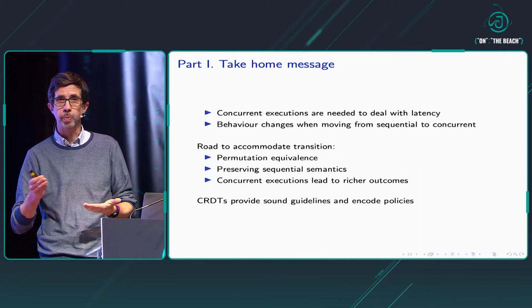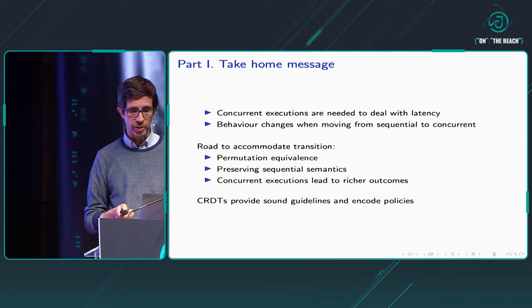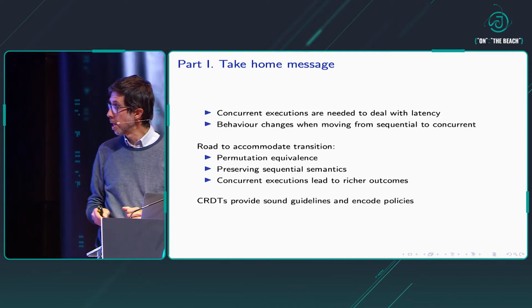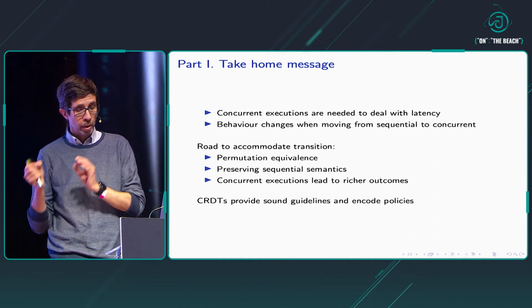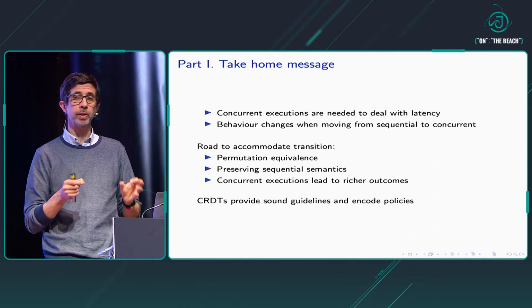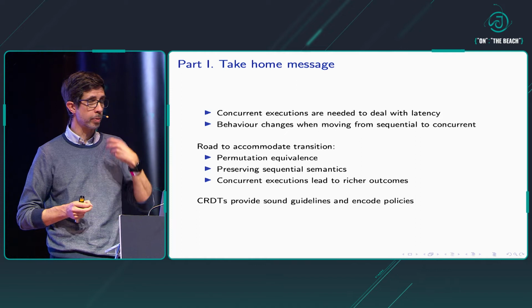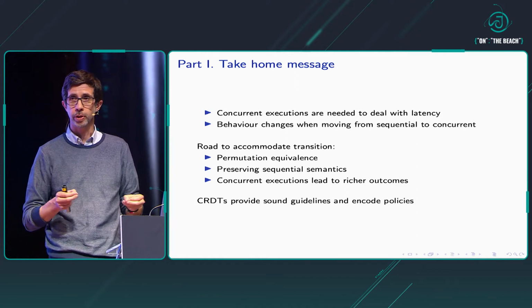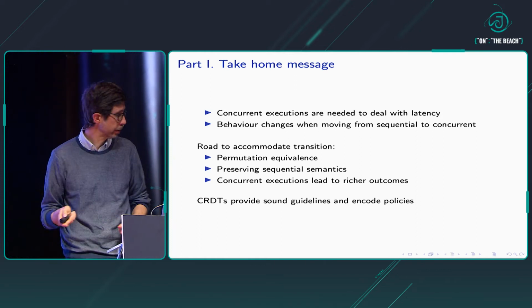So it's quite important to preserve the sequential semantics. And the CRDTs have sound guidelines to provide this, and each CRDT that is done and is correct will already provide you with the correct merge procedure that you can use. So thank you. I'll switch to Nuno.